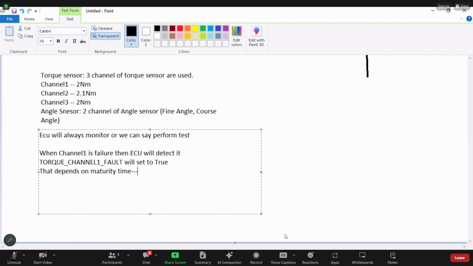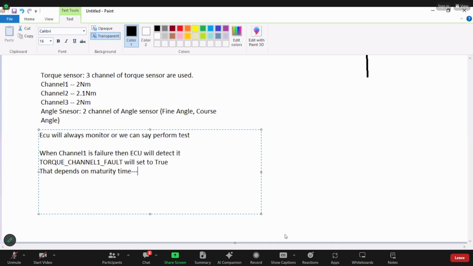So let's say the maturity time for this sensor-related fault is considered as 0 millisecond, because these are very critical. If the ECU detects a fault in channel 1 or channel 2 or channel 3, immediately that data will be stored in the form of a DTC in memory, because these are critical faults and critical faults are handled at runtime immediately.